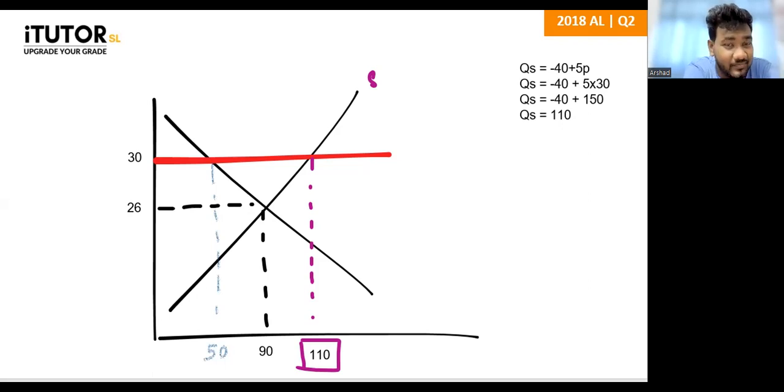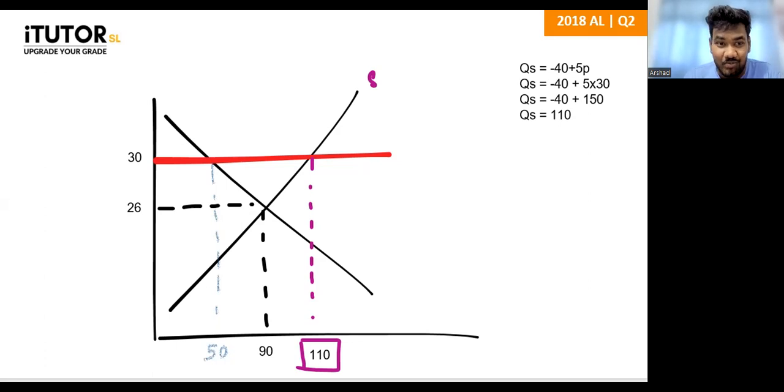What does that mean? Government tells the farmer, you go and find out at what price the consumers are willing to buy 110 kilos. What did the government tell the farmer? Go and find out what price consumers are willing to pay to buy 110 kilos. How do you find that?